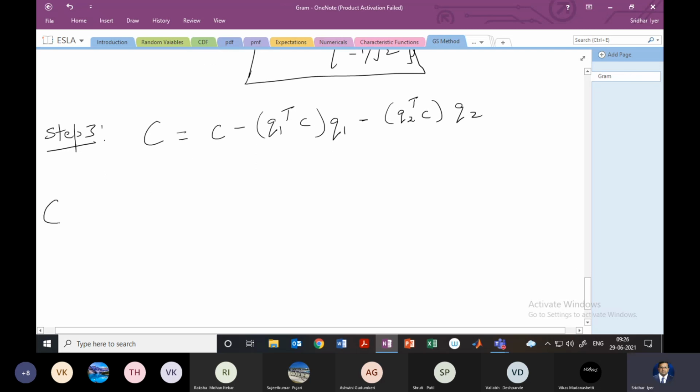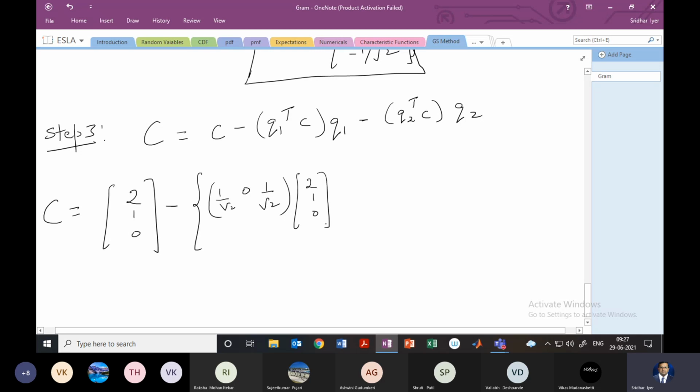So therefore, now let me write here, capital C will be, you have the matrix with you, it will be 2, 1, 0 minus, okay, now this will be, let me write it in a bracket, so minus Q1 transpose, so we have 1 by root 2, 0, 1 by root 2, this is the transpose, into C, which is 2, 1, 0, right? And let me multiply this with Q1. So Q1 is 1 by root 2, 0, 1 by root 2. Right? This is the second term minus.